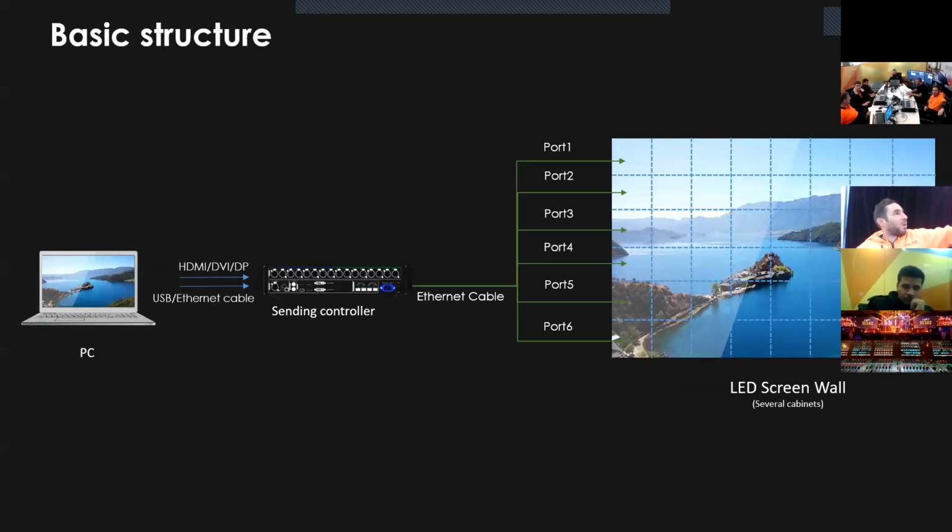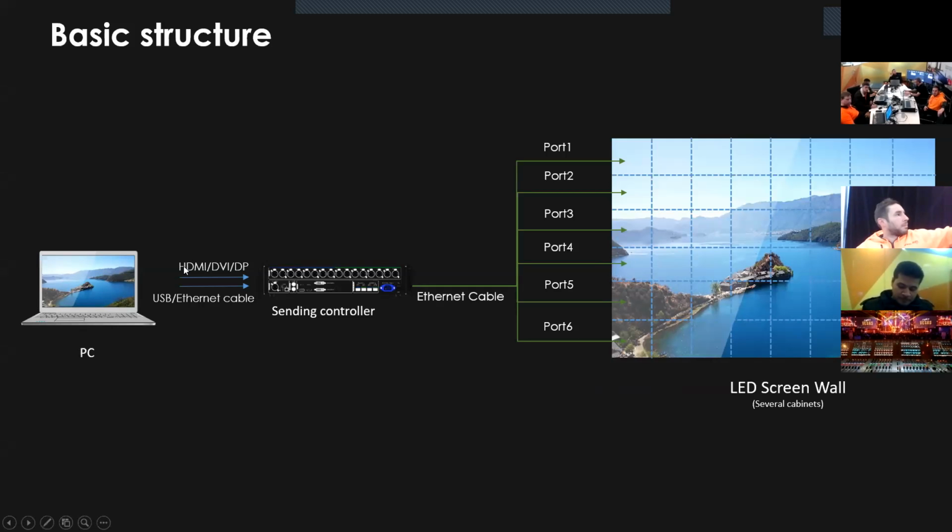Well, you might say, yes, I already know the LED screen, but how can you run a picture on the LED screen? So this is the basic structure. First of all, we need a PC or laptop or just a media player, which can provide the video source.